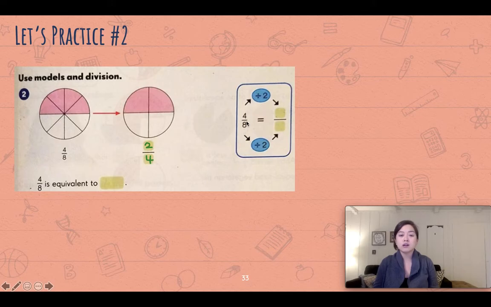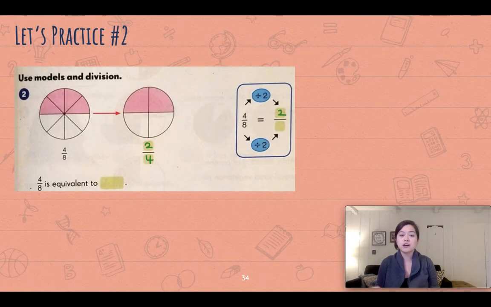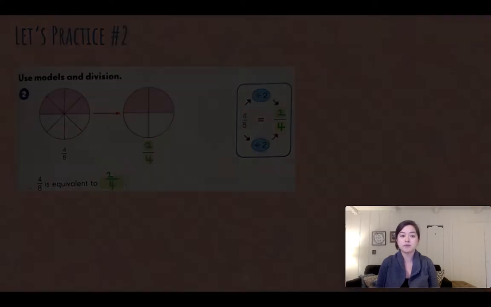Okay, so let's divide the numerator by 2 and the denominator by 2. 4 divided by 2 is 2. 8 divided by 2 is 4. So 4/8 is equivalent to 2/4 right here, according to the model and according to dividing the numerator and denominator by the same number.